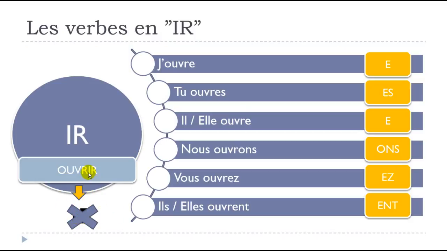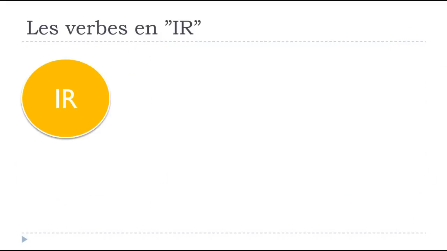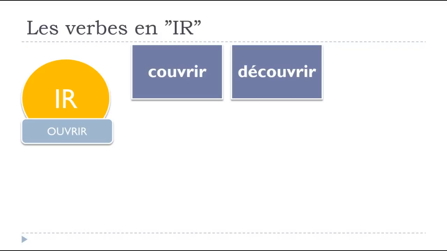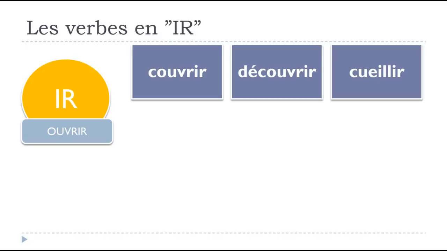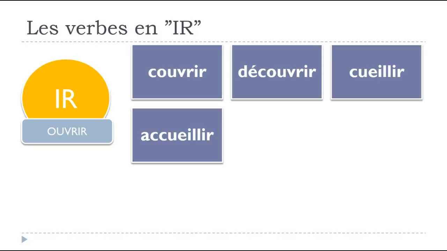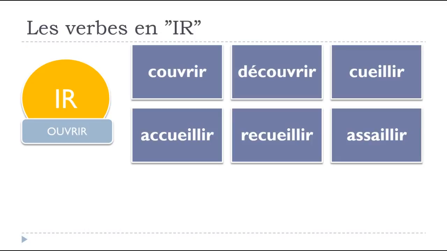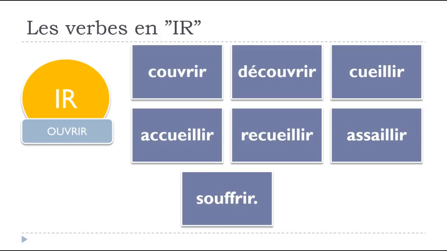You should take this er away and just add these endings. So we'll see now a few verbs that will actually be conjugated the same way ouvrir is: couvrir, découvrir, cueillir, accueillir, recueillir, assaillir, souffrir, and a few others. But these are the main ones.